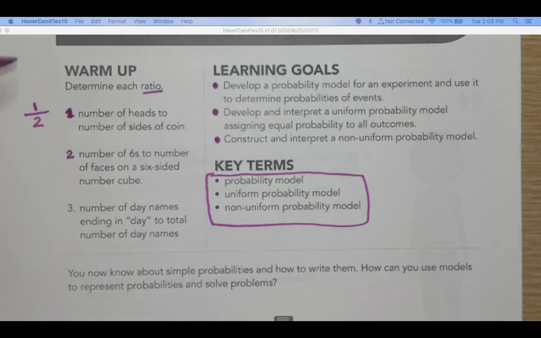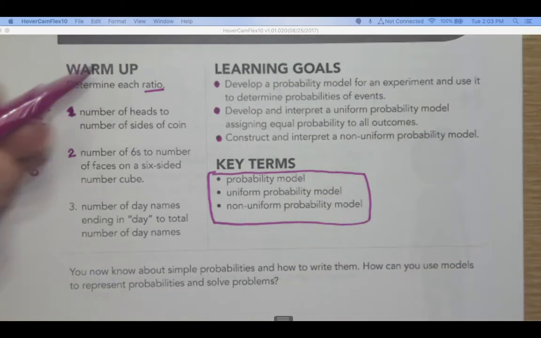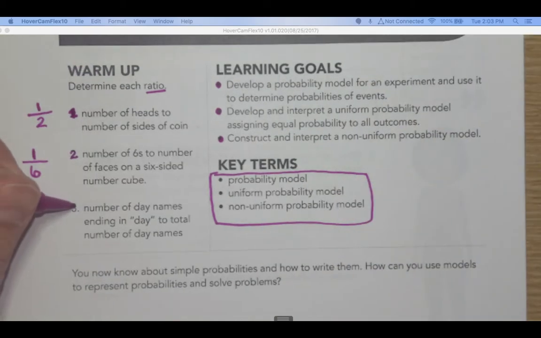2, number of sixes to number of faces on a six-sided cube. Well, there's 1 six on a typical six-sided number cube, and there are 6 total possible outcomes. Number 3, number of day names ending in day to total number of day names, like Monday, Tuesday, Wednesday.